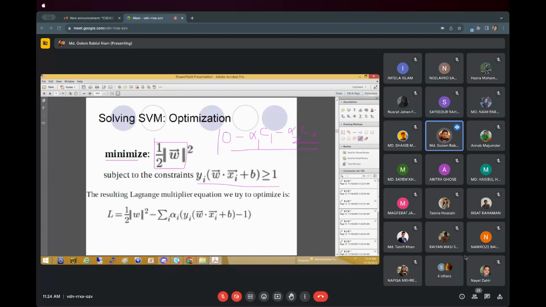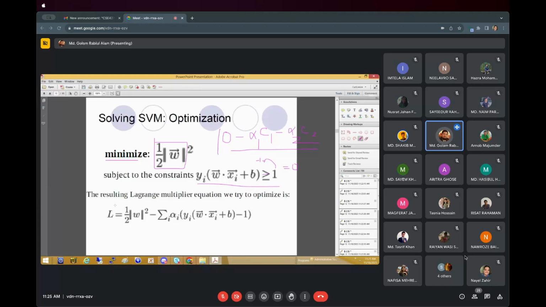At first we need to make it an equality constraint. If we take this one to the left side, then it will be yi, this one, minus 1 equals 0.